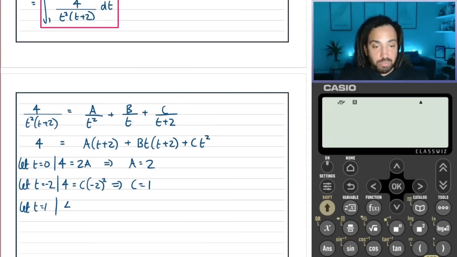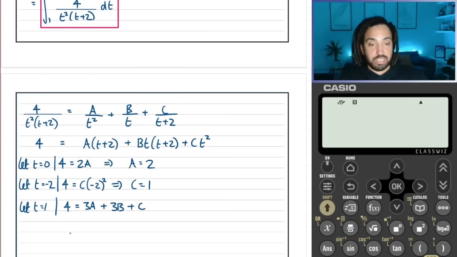Okay, so again we get 4 on the left hand side, and that'll give us 3a. And when t is 1, we get 3 times 1 times b, so 3b, and we get plus c at the end.